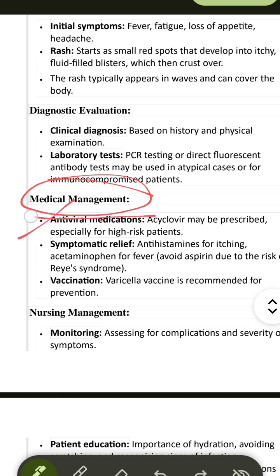Against the virus we provide antiviral medications such as acyclovir. Acyclovir may be prescribed especially for high-risk patients.